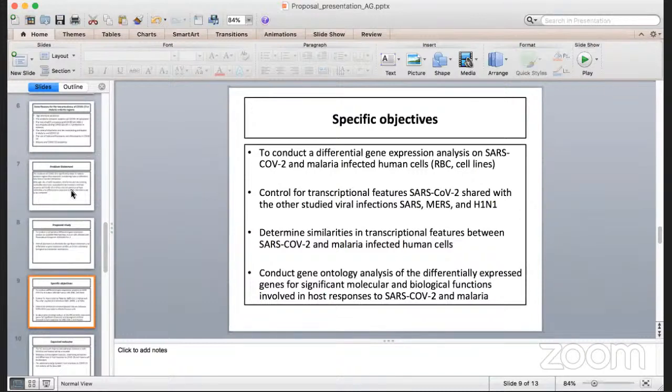And when we have found these differentially expressed genes between these two diseases, we will conduct gene ontology analysis to look for the significant molecular and biological functions involved in the host responses to SARS-CoV-2 or COVID-19 and malaria.